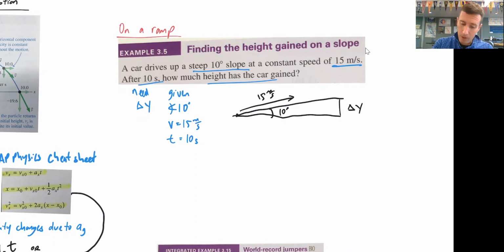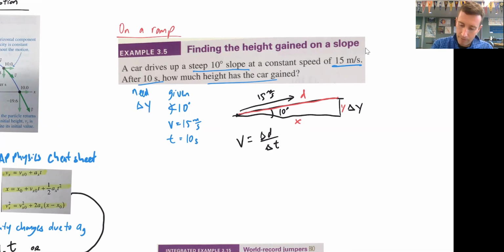This is a pretty simple one because I know that velocity is equal to the change of distance over the change of time. And I'm intentionally not using x or y here because in this diagram, x would be the horizontal and y would be the vertical. So I'm going to call this distance along the top just d for distance. So I'm going to use the change of distance over the change of time.